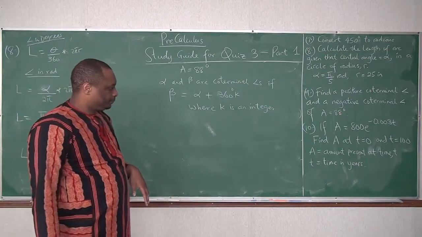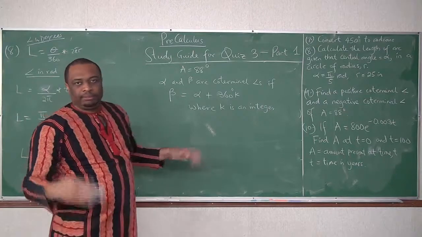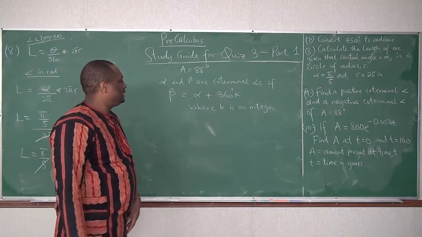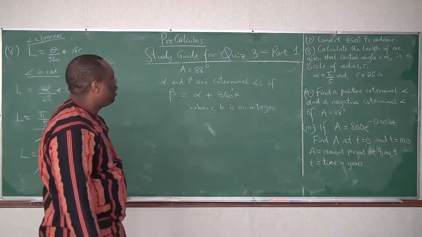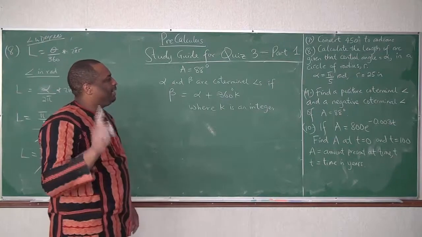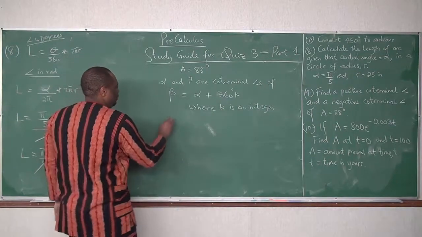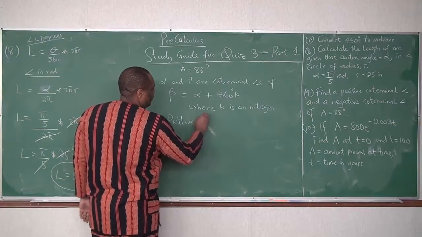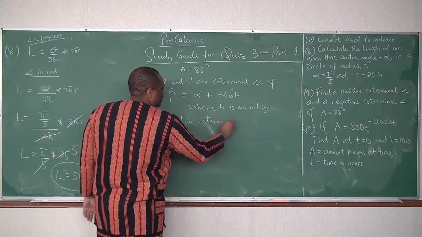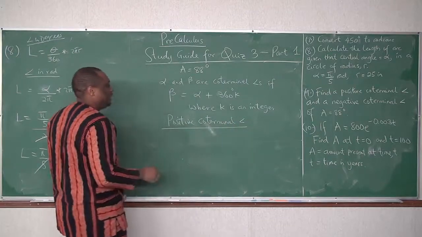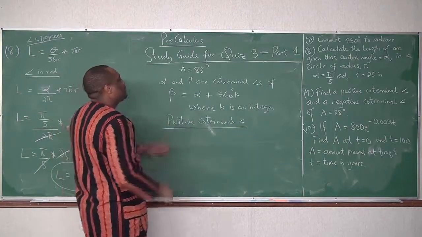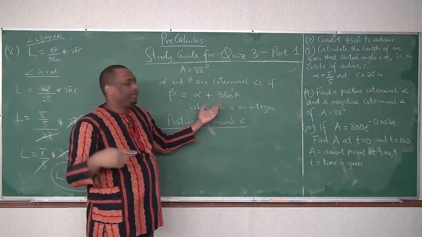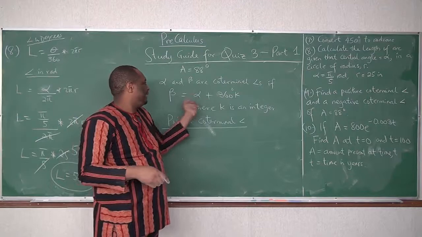K could be 1 or negative 1. K is an integer. Now if you want to find a positive coterminal angle, in this case where K is an integer, you don't want to put K to be 0, because it's going to be like beta equal to alpha.